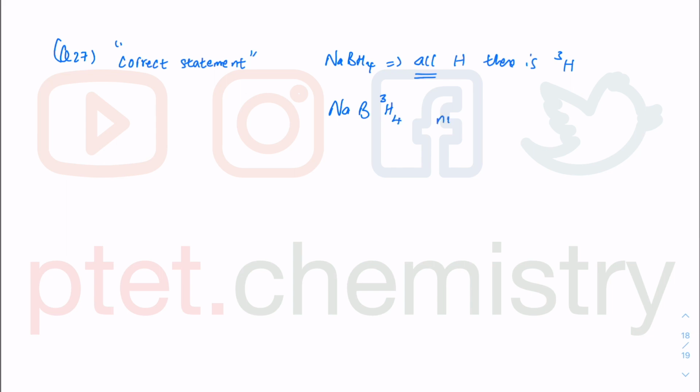So again, this is a nucleophilic source of hydride. A hydride is like that, but this is a heavier version due to the heavier isotope of hydrogen. So this question is all about mechanism actually.